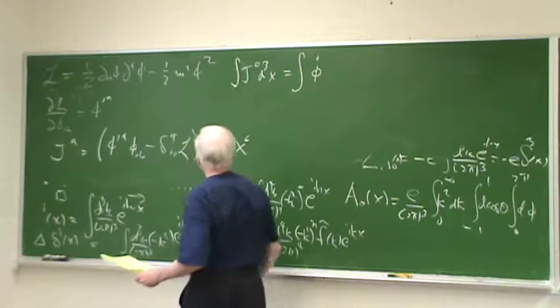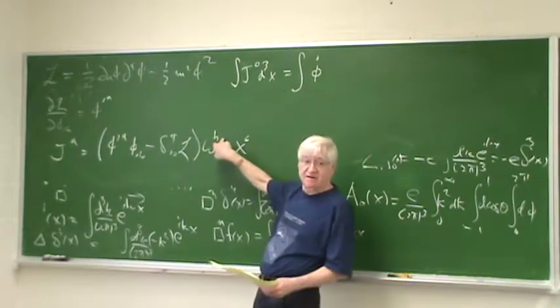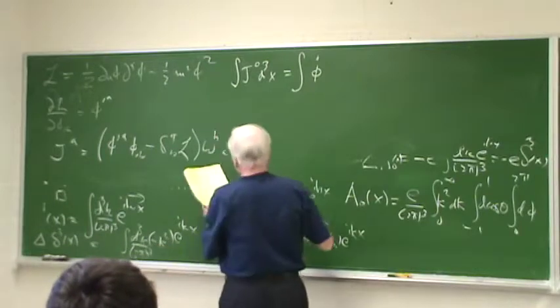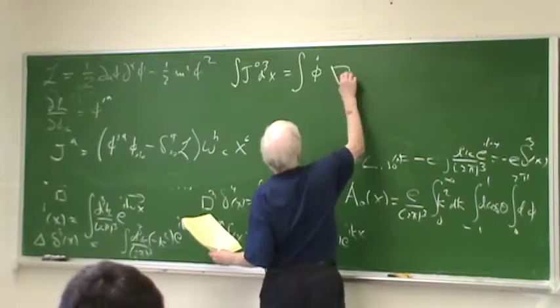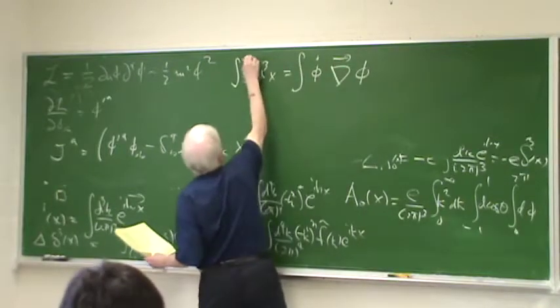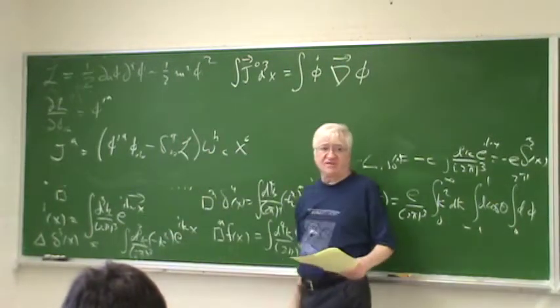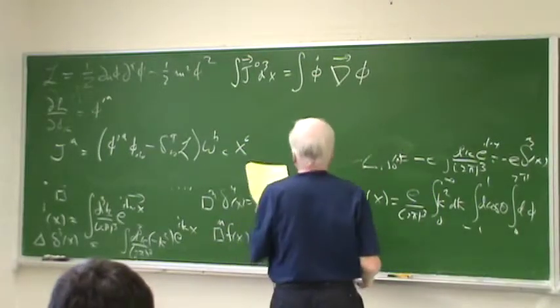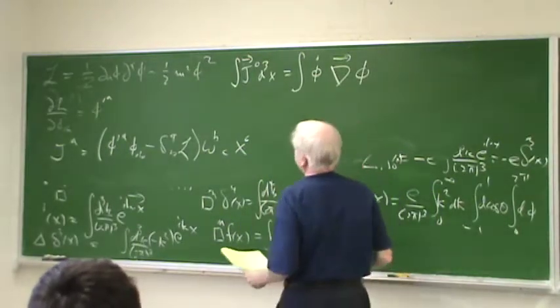And because the B's are only spatial for rotations, effectively we can say this is grad phi, and then we can put a 0 vector on this and do all 3 at once. And then what do we have?